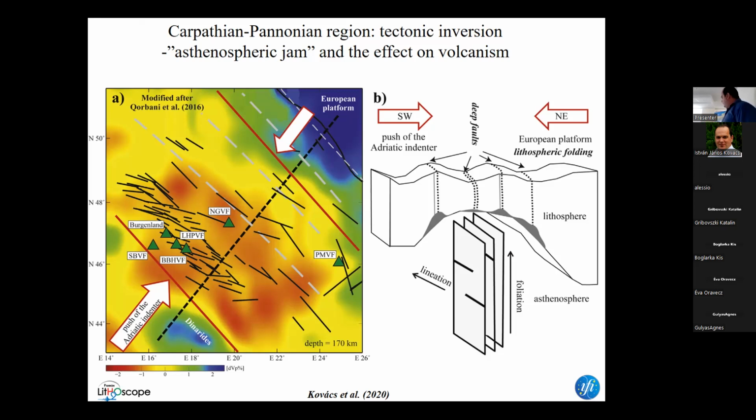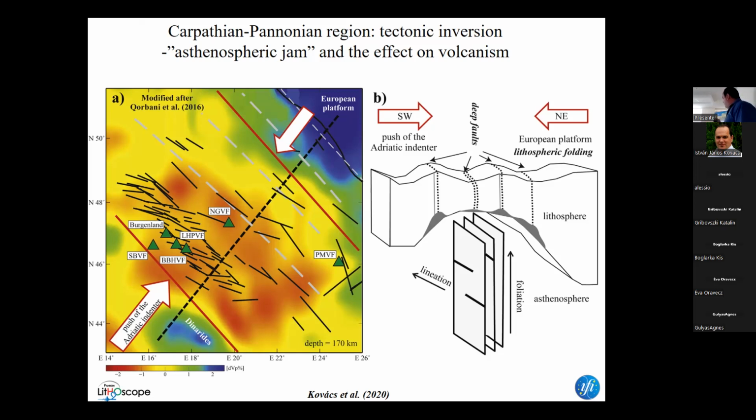It has long been a problem for the petrologists how we can produce alkaline basalts during the tectonic inversion, because most of the alkaline basalts in the Pannonian Basin were produced around 5 million years ago, although there are some older ones in Burgenland in Austria, but mainly they are 5 million years old.